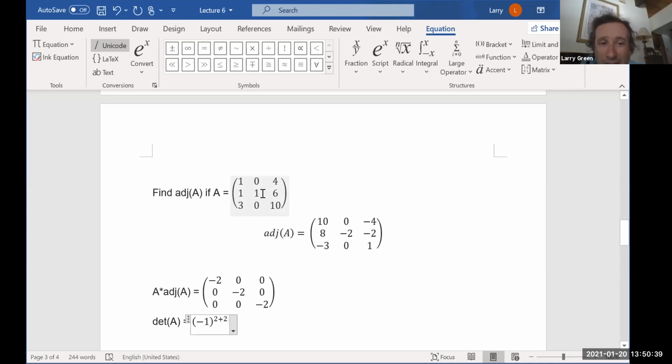All that matters is this one little guy right there. So it's -1 to the 2 plus 2 times 1. I'm just using the determinant formula, times the determinant of the minor. And that's 1, 4, 3, 10. So times the determinant of 1, 4, 3, 10.